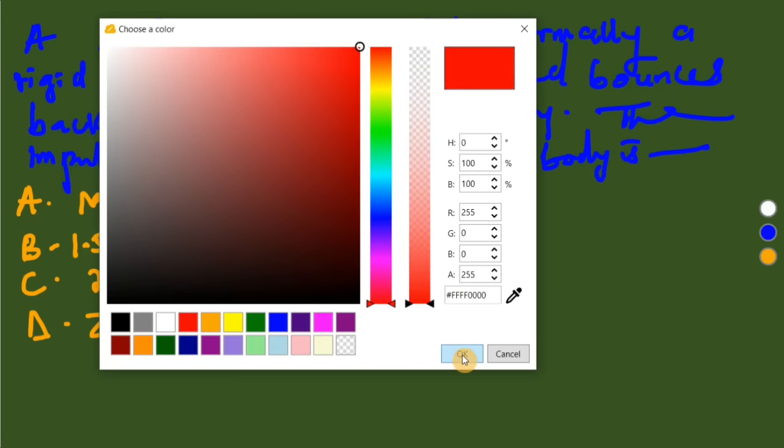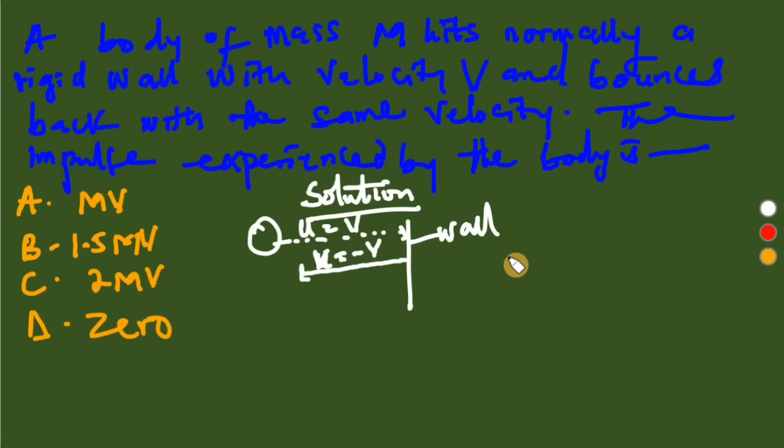To solve this, we say that impulse is the change in momentum. So we can write it as the final momentum minus the initial momentum.